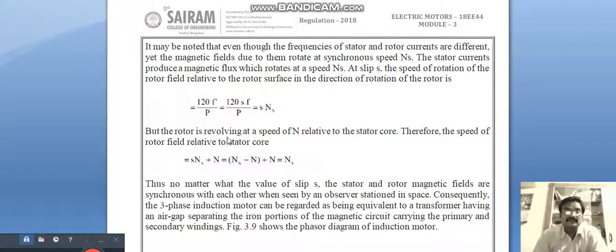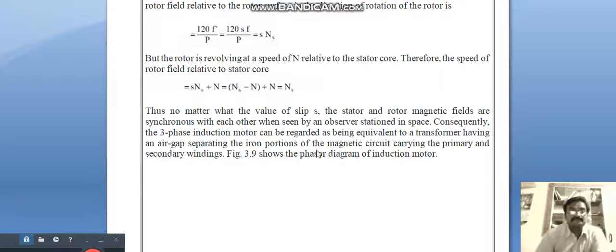But the rotor is revolving at a speed of n relative to the stator core. Therefore, the speed of the rotor field relative to the stator core we can write as s into Ns plus n, which is equal to Ns minus n plus n, that is equal to Ns.